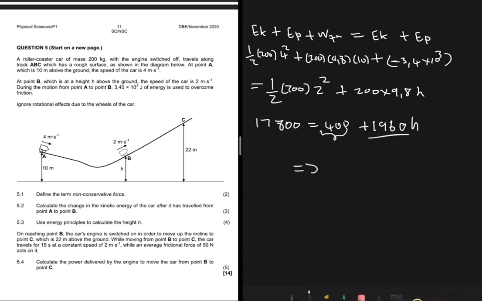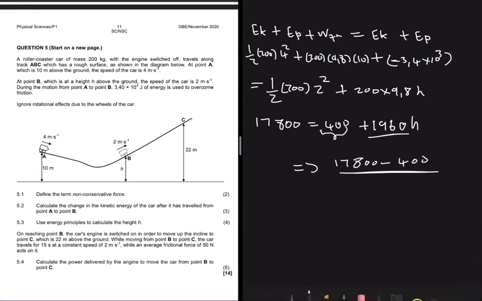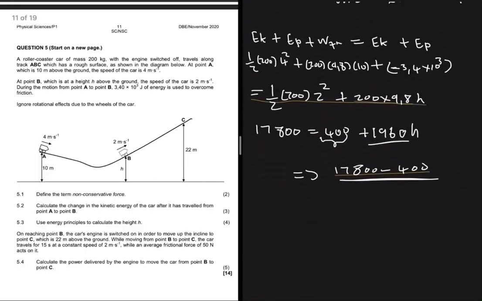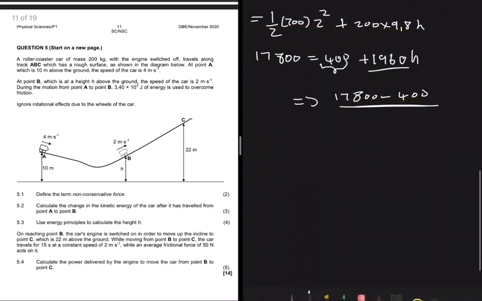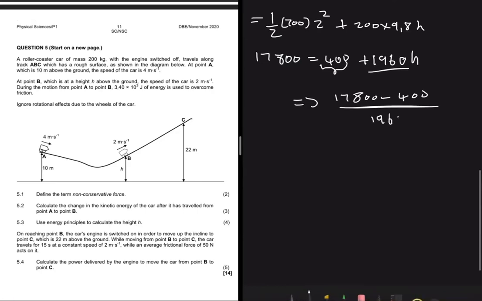So this would imply that our height is 17,800 minus the 400 we talked about, divided by 1960, right?